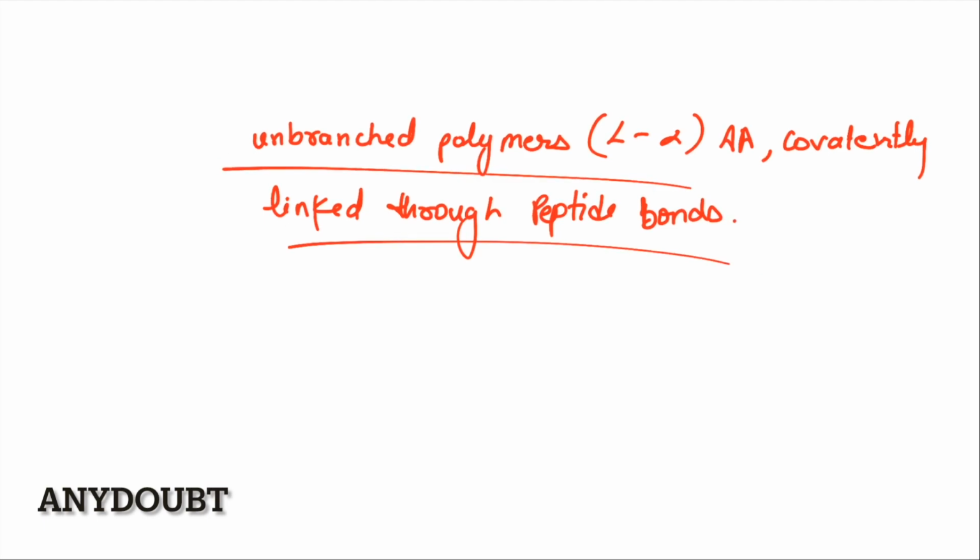Proteins are always made of L alpha amino acids, not D. So L alpha amino acids form unbranched polymers, covalently linked through peptide bonds to form proteins.